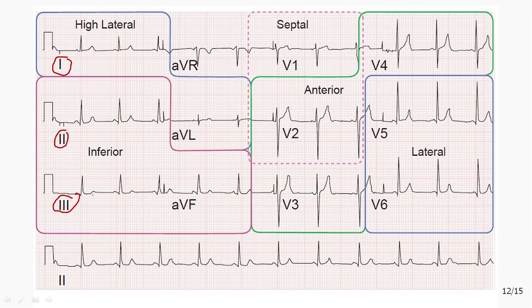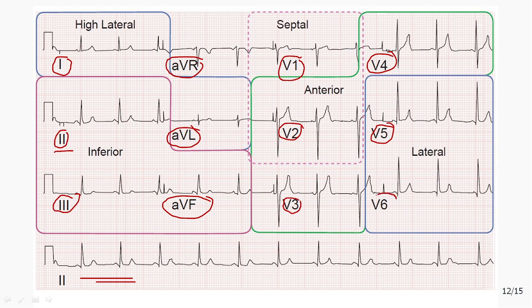If you mark carefully, lead 1 and lead 3, if you add them vectorially, will give you lead 2, your ECG or electrocardiogram waveform. Now, in lead 1 we have AVR, lead 2 AVL and lead 3 AVF, and the chest or precordial electrodes are V1 and V4 in lead 1, V2 and V5 in lead 2, and V3 and V6 in lead 3.